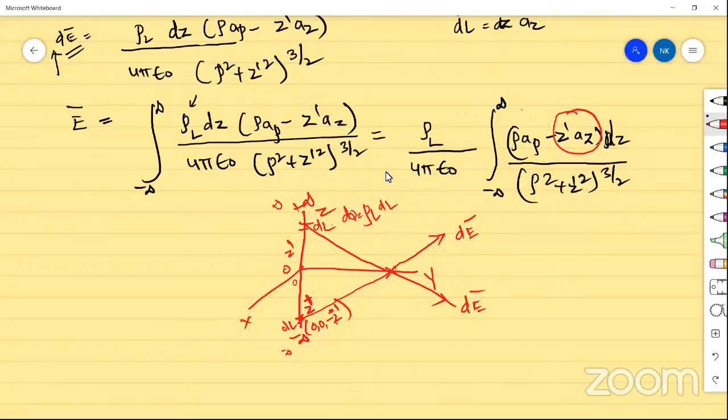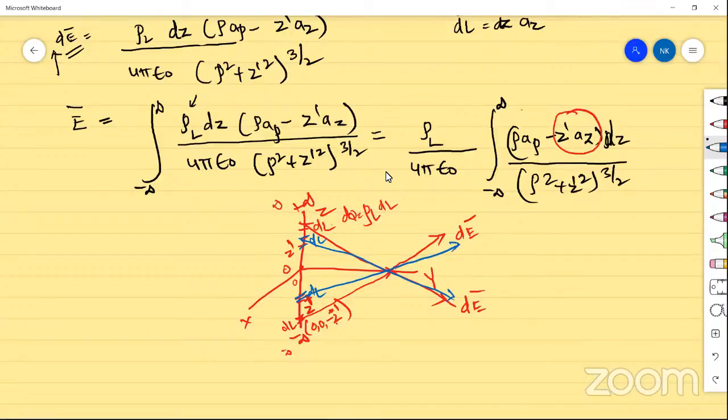Now suppose you consider another dl symmetrically at this point, so this is the electric field, similarly this is the electric field.